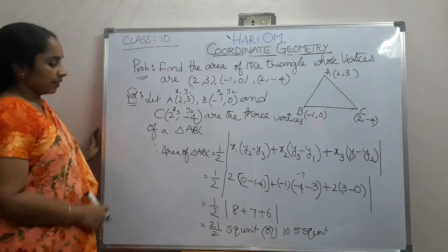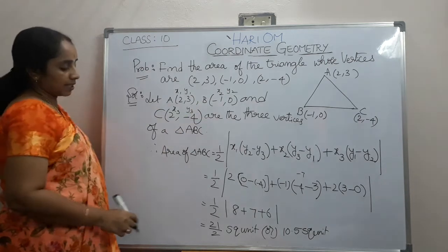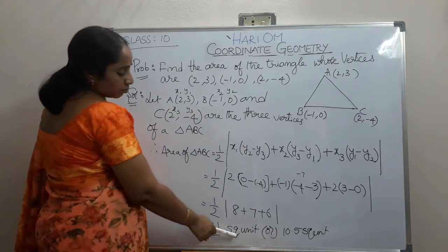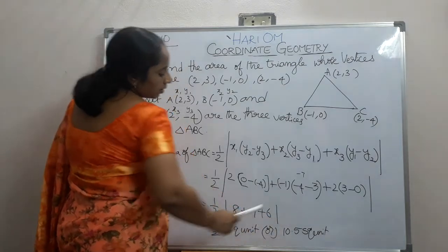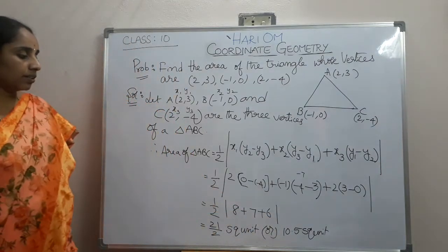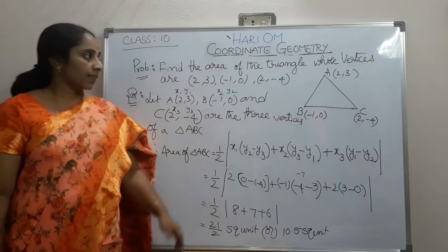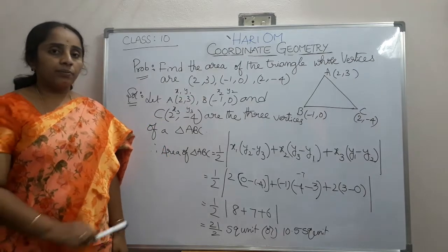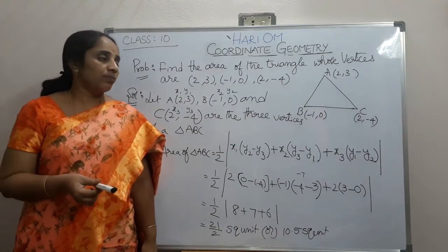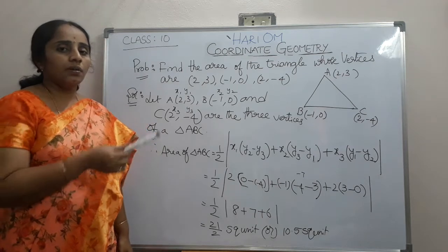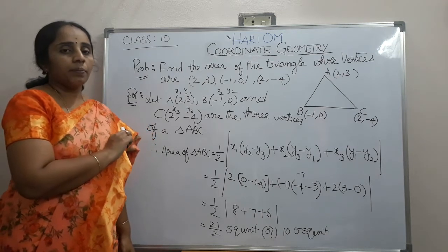So the area of triangle ABC is 21 by 2 square units or 10.5 square units. In the same way, we can find the area of a quadrilateral also by dividing it with the help of a diagonal.